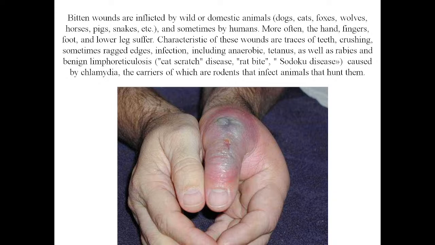Cat scratch disease and rat bite, Sodoku disease, caused by chlamydias, the carriers of which are rodents that infect animals that hunt them. And this you can see on this slide. You can see the bite wounds here.